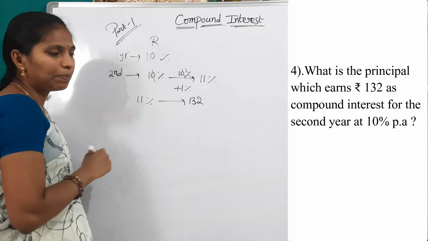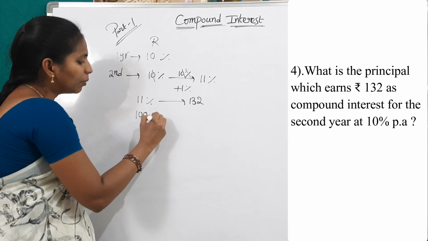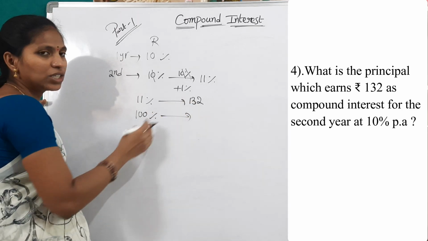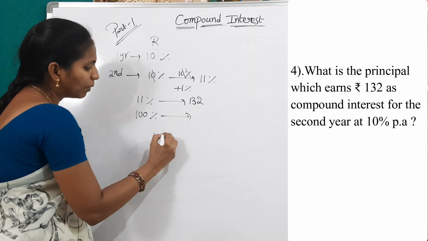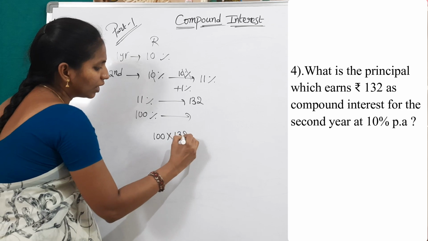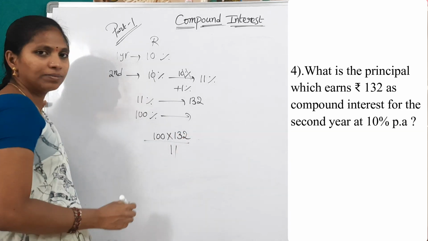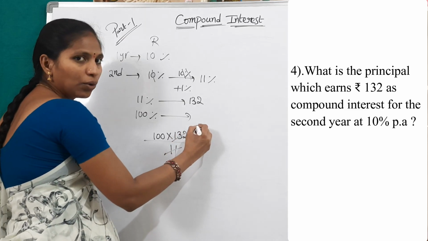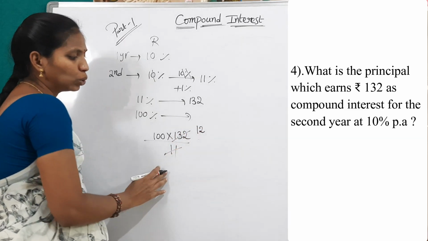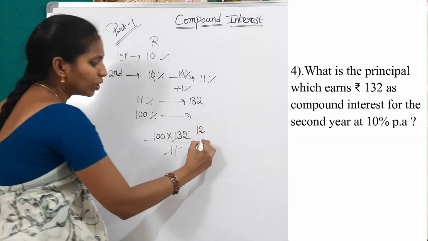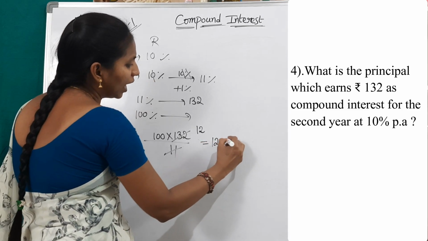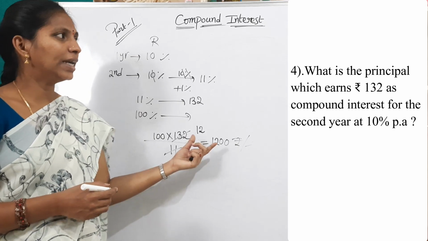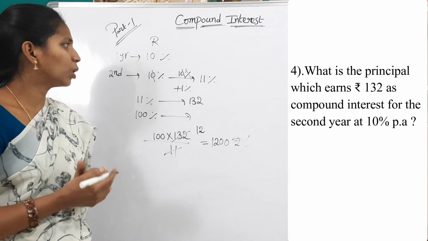Then what is the principal? Always take principal as 100%. So 100% is what? Cross multiply: 100 into 132 by 11. 11 cancelled how many times? 1 time and 2, 12 times. So the result is 1200 rupees. This is the principal. 1200 rupees. Very important question.